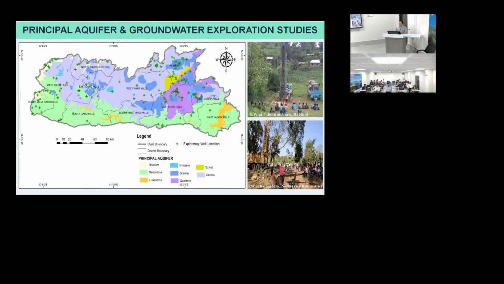And this is the principal aquifer and groundwater exploration studies carried out by CGWB. The green dotted ones are those exploratory wells. So we have found 8 principal aquifers in Meghalaya: alluvium, sandstone, limestone, intrusive, granite, quartzite, schist, and gneiss.